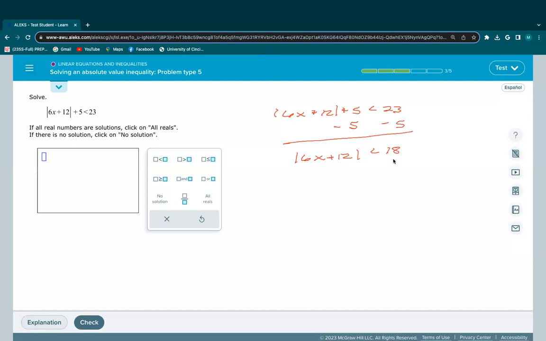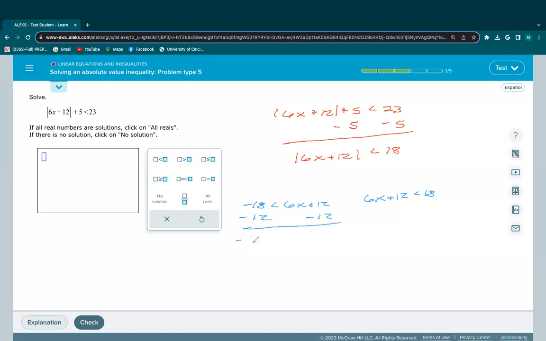So now I'm going to change to thinking the distance. So 18 spaces, I could be at negative 18. And it's going to be less than 6x plus 12, and 6x plus 12 is less than 18. Finish solving these. So I've got minus 12.